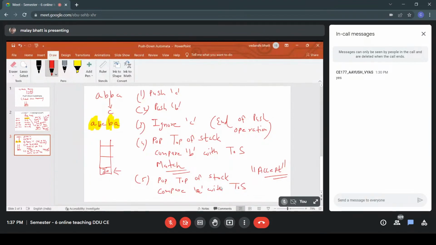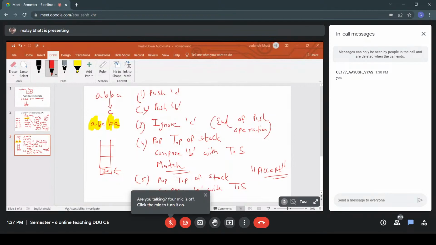So you can observe here how we have done this operation of push and pop. First we'll push the A, then we'll push the B on the stack, then we'll ignore the C, which is indicating the end of the push operation. Then when we get the first B after the middle symbol C, we'll pop the top of the stack. So we are getting B from it. We'll compare that B with the input symbol.